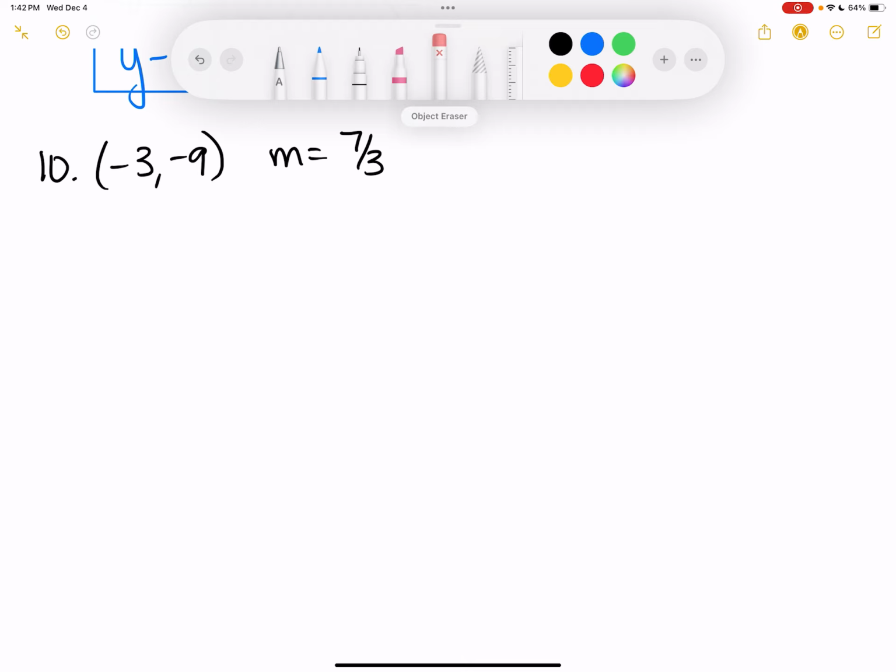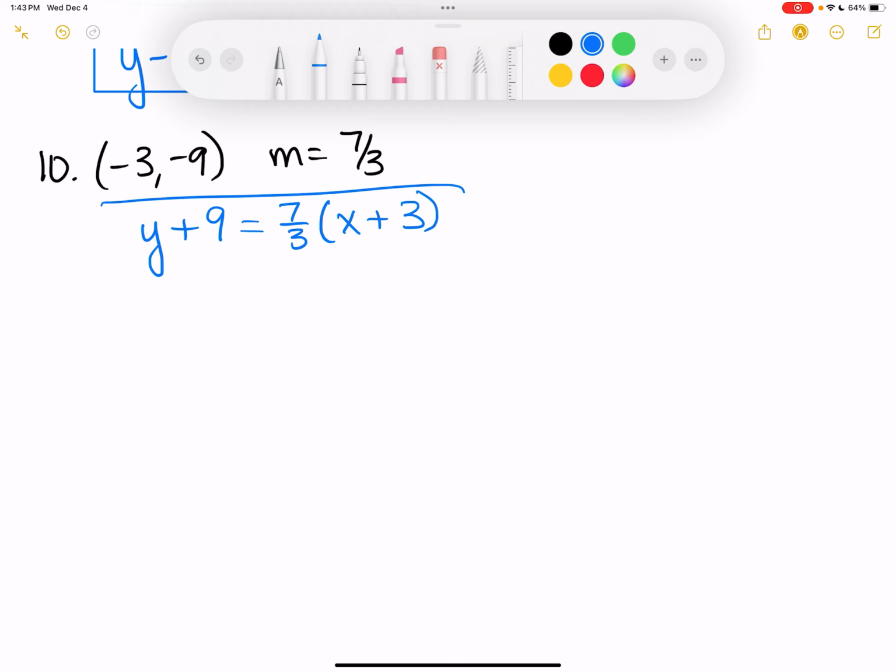Yep, because it'd be minus a negative, so that's plus. Good. Equals 7/3 times x plus 3. Yep, minus a negative, so that becomes plus. Right there. All right, any questions on these ones where they're giving us a slope and one point? Nope.